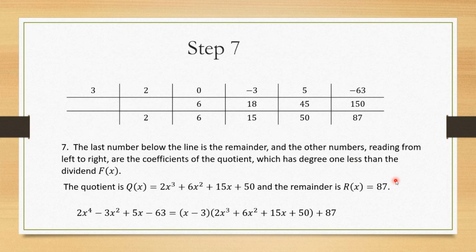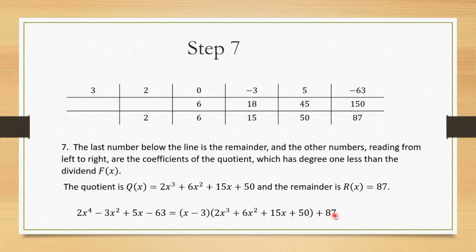And so from there, just like in the division algorithm, our dividend is equal to our divisor, x minus 3, times our quotient plus our remainder. What's nice is the remainder has to be a number.